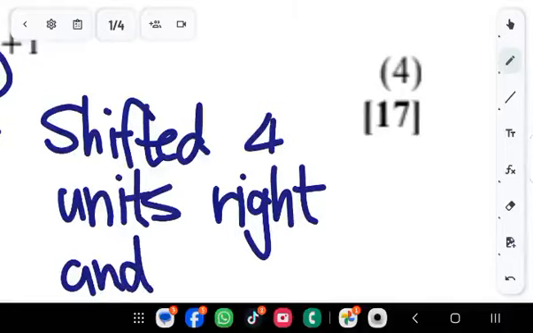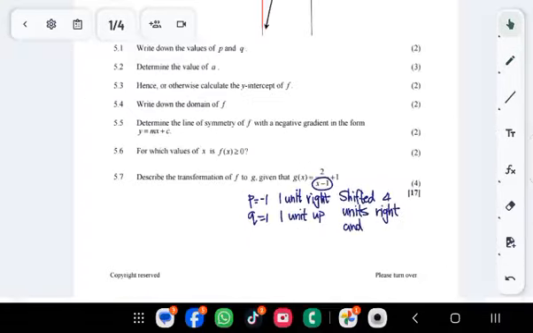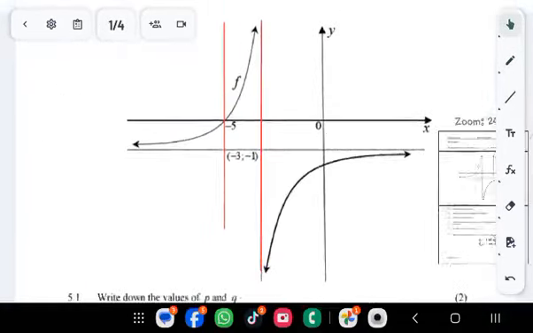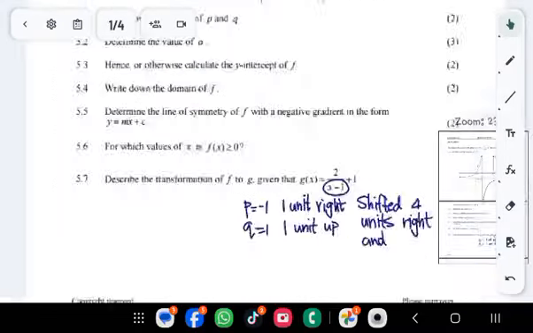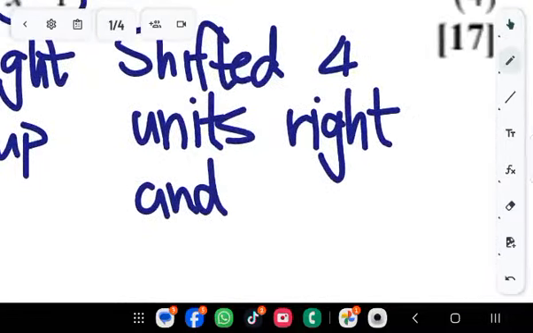And because in the original it was 1 unit down, so now it's all the way to +1, meaning it was shifted 2 units up.